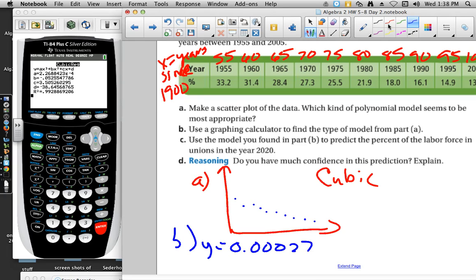X to the 3rd minus 0.05255 x squared plus 3.5053 x minus 38.6457.